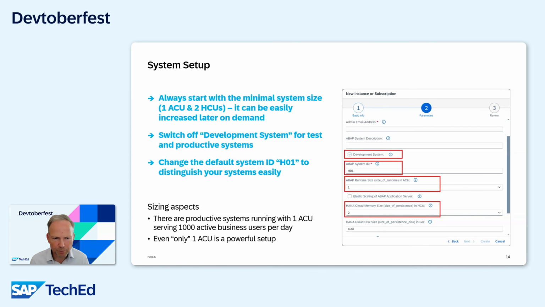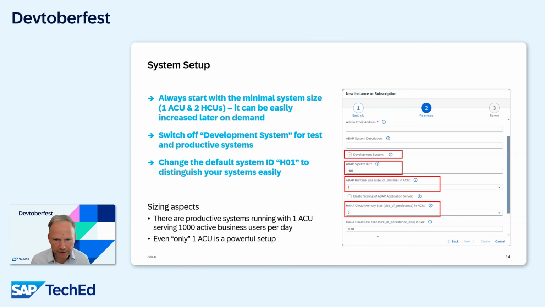There's one important setting because currently it cannot be changed. Please switch off the development system setting for non-development systems. Especially for test and productive systems, please switch it off. This gives you an additional guarantee that there are no manual changes allowed in the system via ADT.